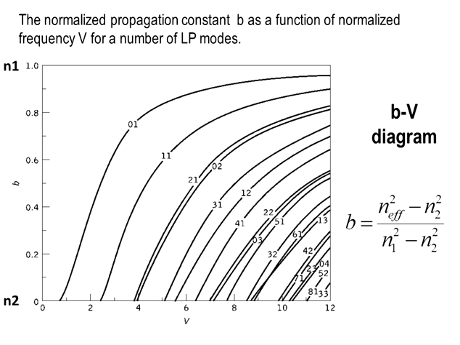Now what we understand from this diagram, if you look at this first mode, that is LP01, if I draw one vertical line, then when V number is less than 2.4, you can observe there is only one mode which can propagate through the fiber.